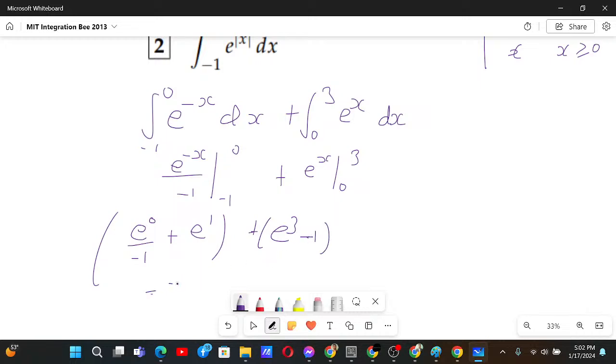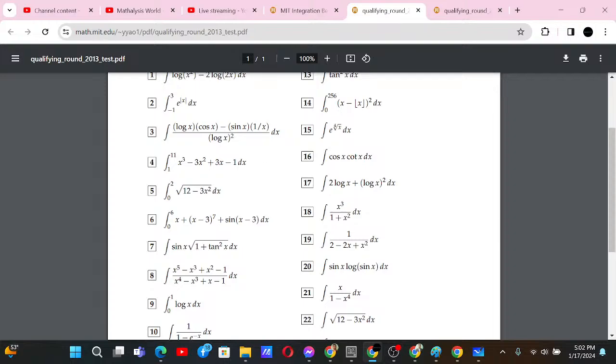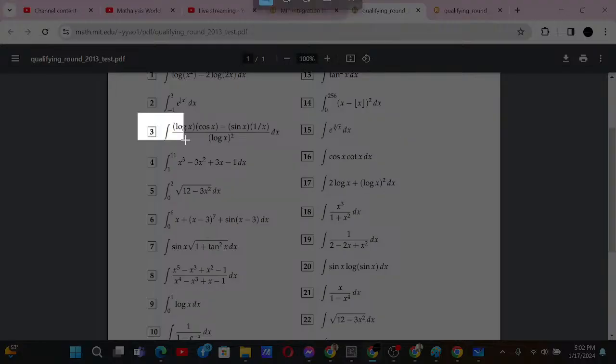So minus 1 plus e cube minus 1. So this is e cube plus e minus 2. This is the answer, and if we check, it is e cube plus e minus 2. Yeah, that's the right answer. Let's go to the next problem.